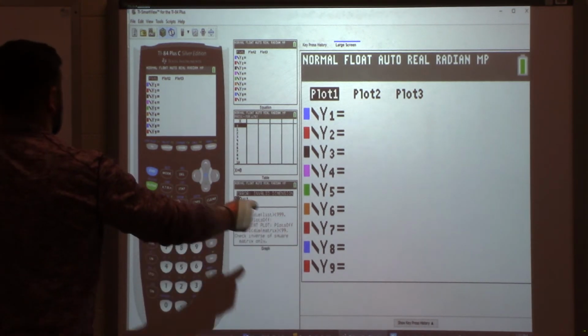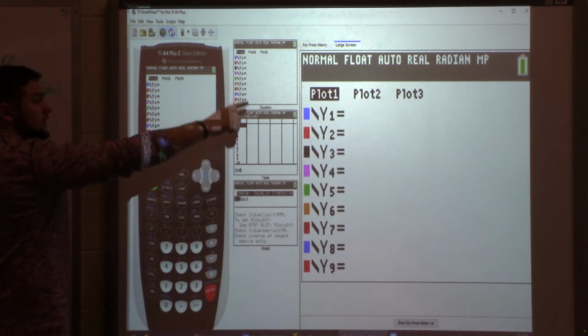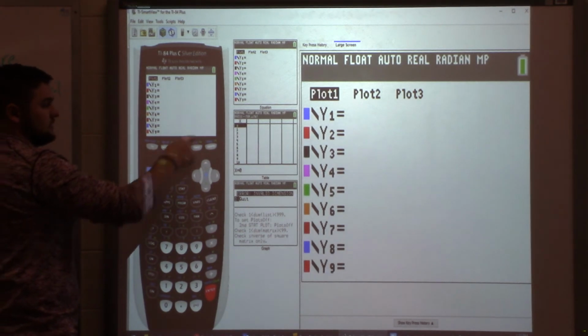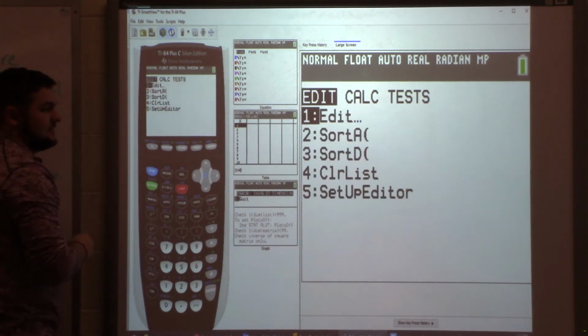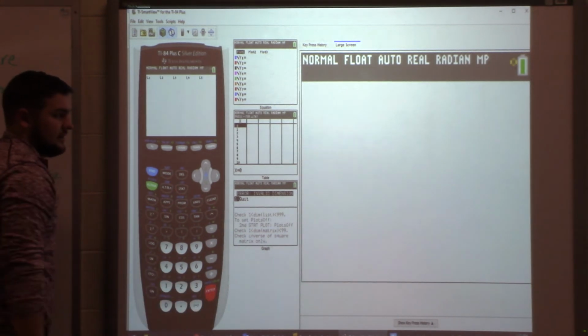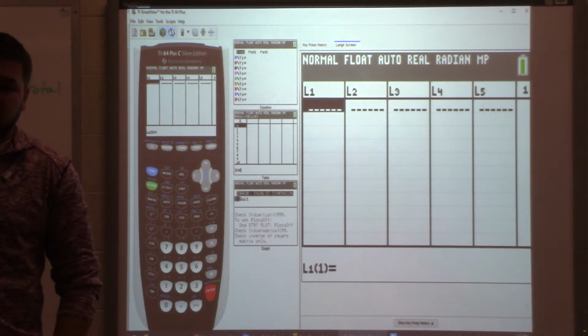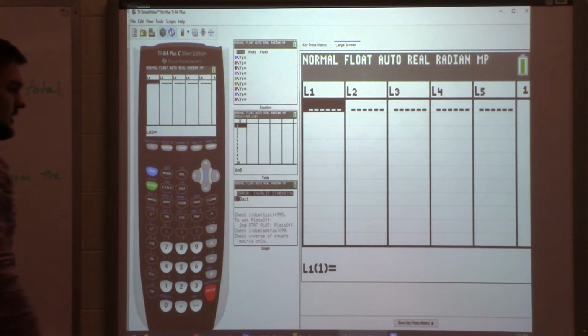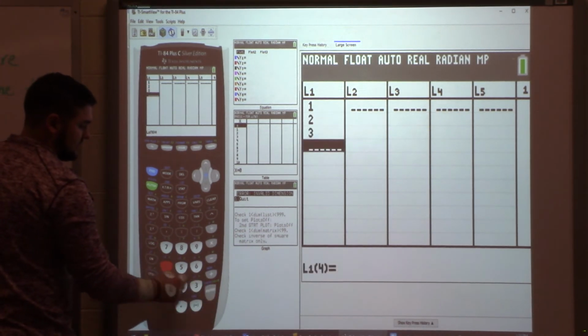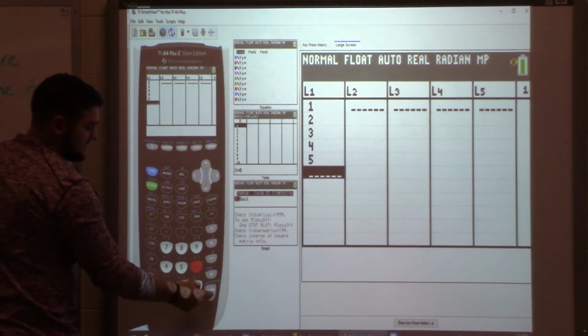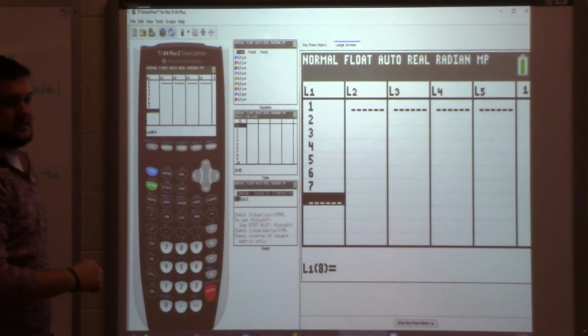Alright? So, once you've cleared y equals, and you've turned your plot on, we're going to go to stat, and we're going to click edit. In list 1, you're going to put all of your x values. So in this case it was 1, enter, 2, enter, 3, enter, 4, enter, 5, enter, 6, enter, 7, enter.